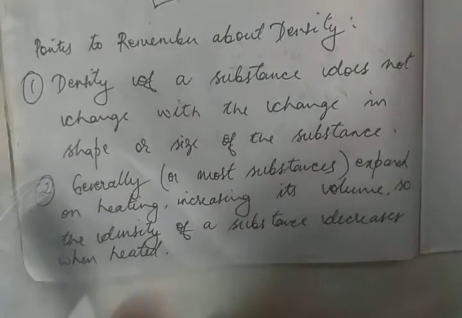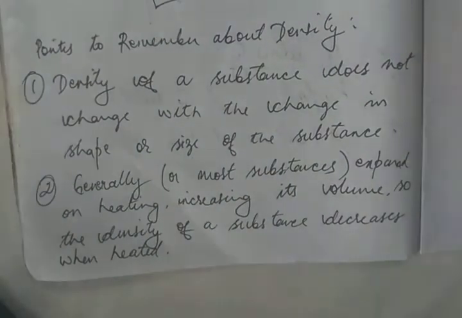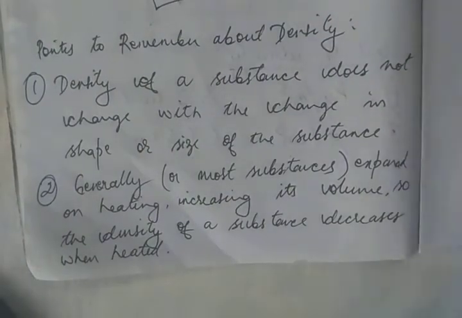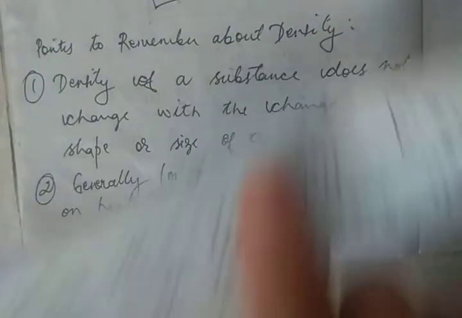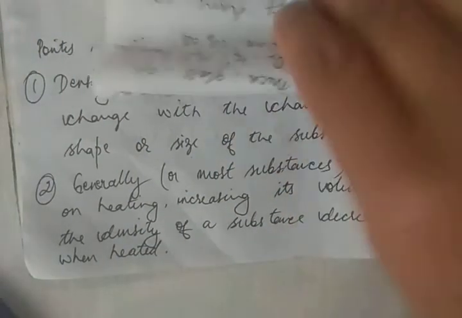One thing: I take this piece of paper, where I've written notes for class 12. This paper already has a certain density. I go on folding it, that is, I go on changing its shape.